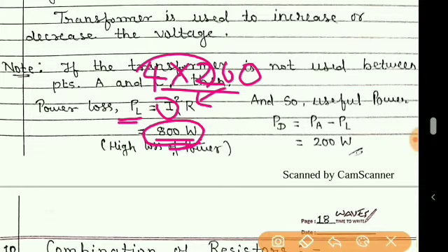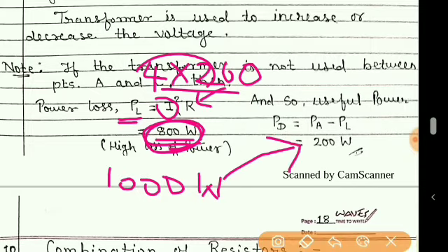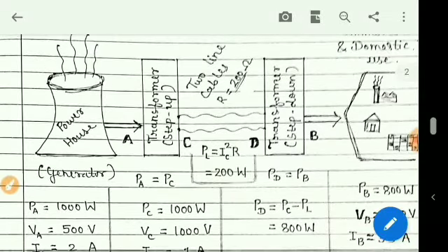And so if this much power is lost in the cables and the power sent is 1000 watt at point A, so how much power will reach at point D or B, we can say?